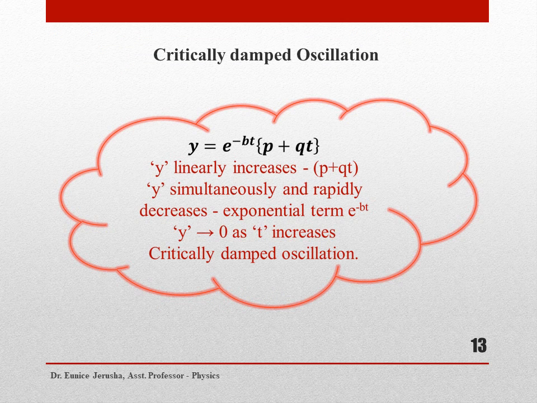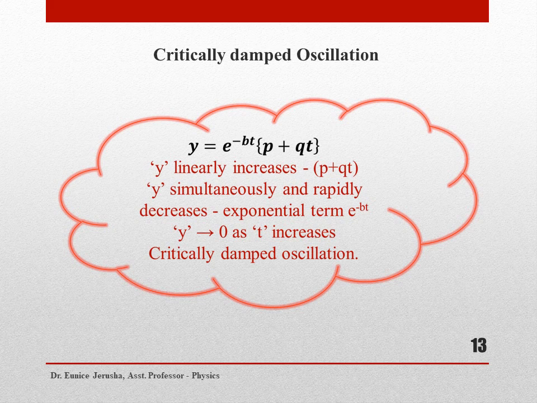The solution for a critically damped oscillation is y is equal to e power minus bt into p plus qt. Y linearly increases due to the p plus qt term. Simultaneously, y rapidly decreases due to the exponential term e power minus bt.